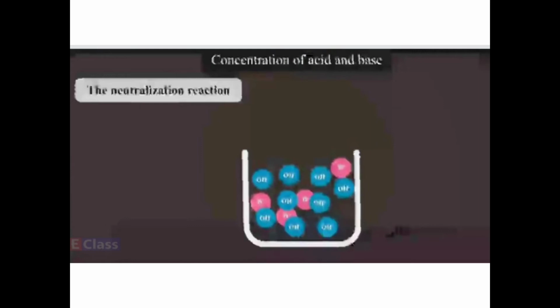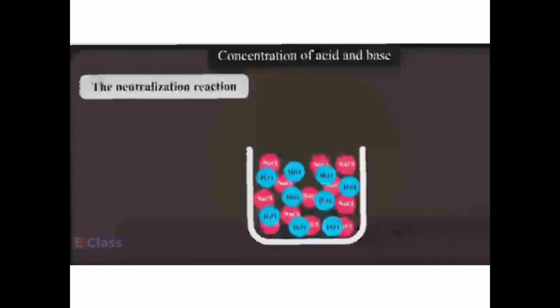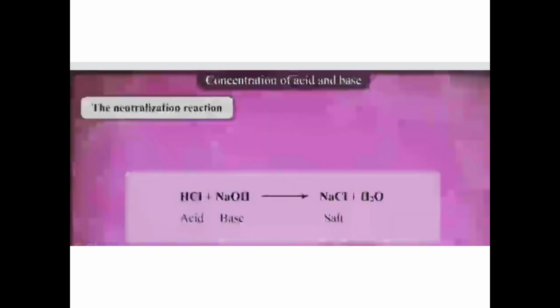Right? So the water that we get is coming from the H plus ion and OH minus ion. So this reaction where an acid reacts with a base to form salt and water is the neutralization reaction.